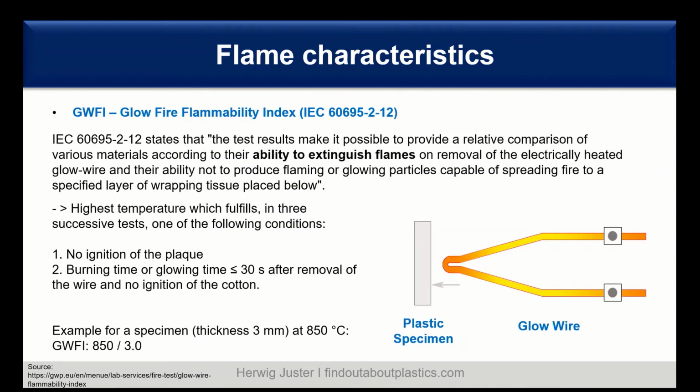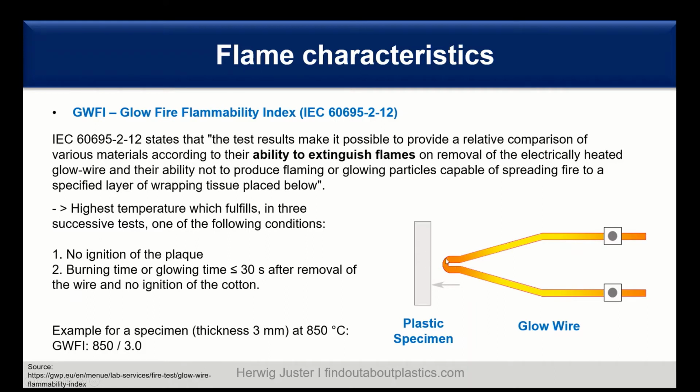Okay, let's continue with the glow wire flammability index according to IEC 60695-2-12. It is important information for electric and electronics, especially for cable and wire applications. What you do here is you have your copper wire, which is electrically heated, and then you touch your plastic specimen with this glow wire.